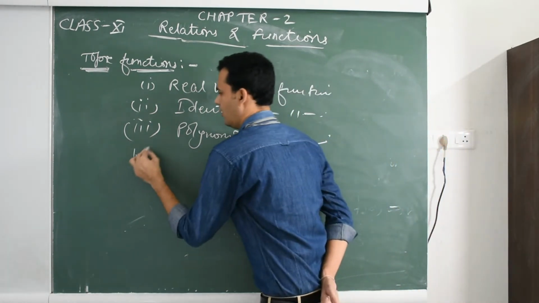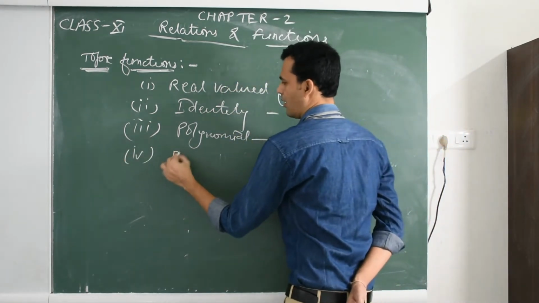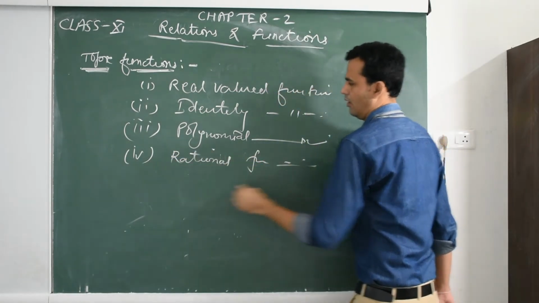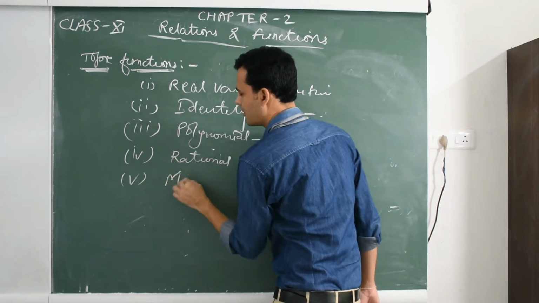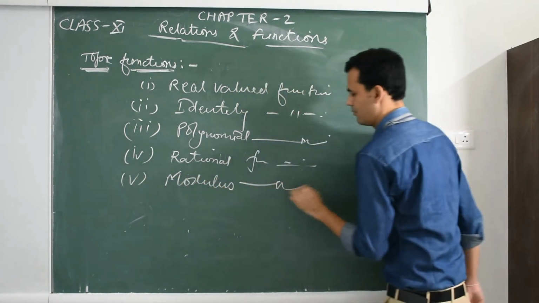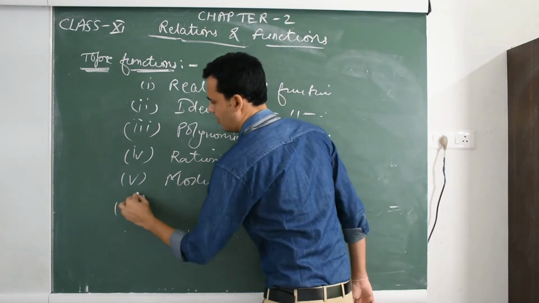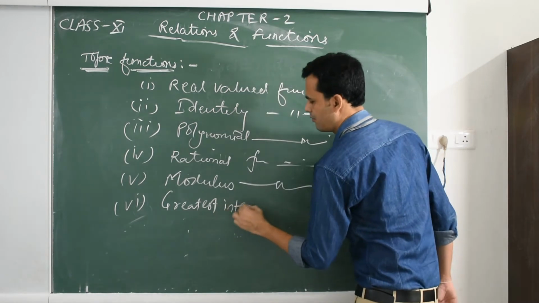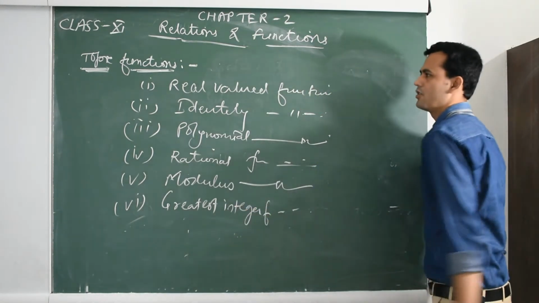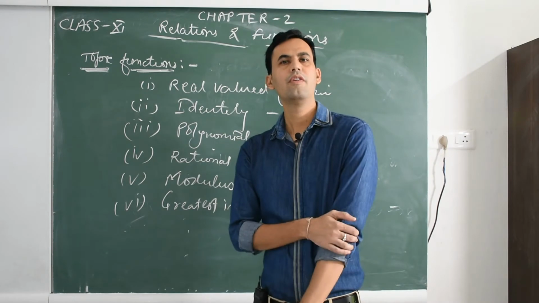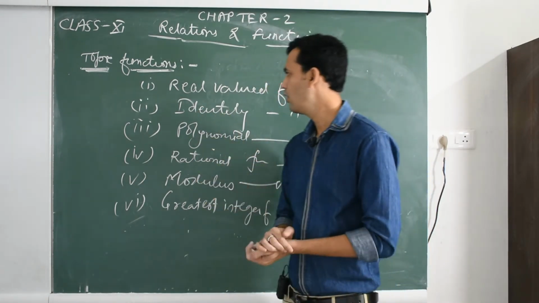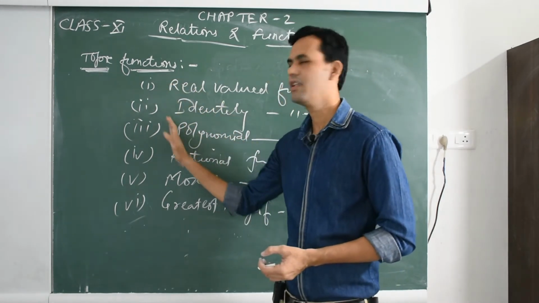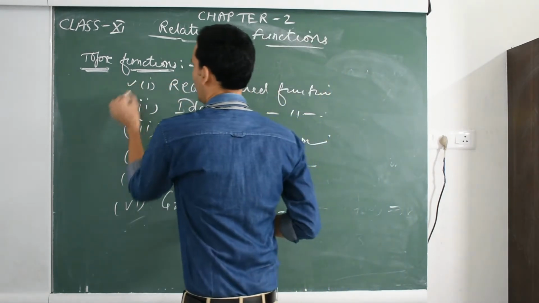Fourth is rational function. Fifth is modulus function. Sixth is greatest integer function. So these are the 6 types of functions. 1 or 2 more are also types of function, but we see only these 6 main types.